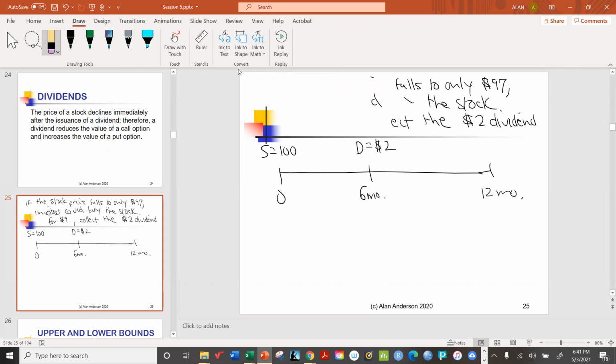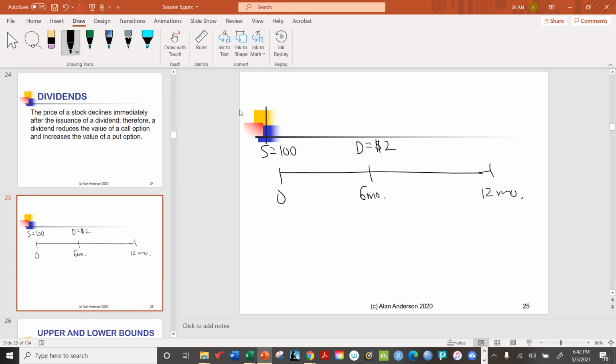Let's just say right now it's today. It's the day before the ex-dividend date. Let's assume that.